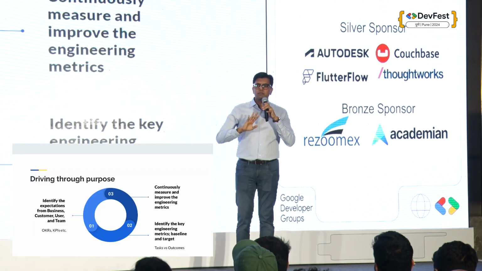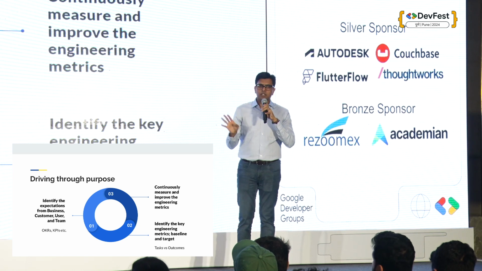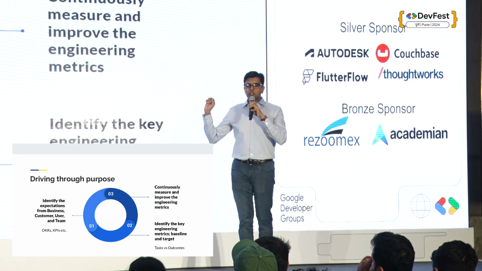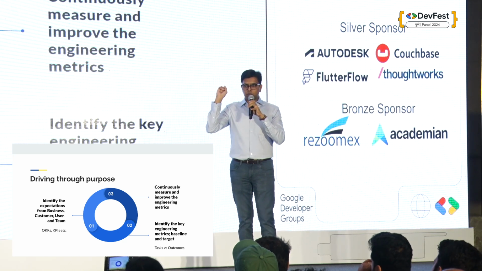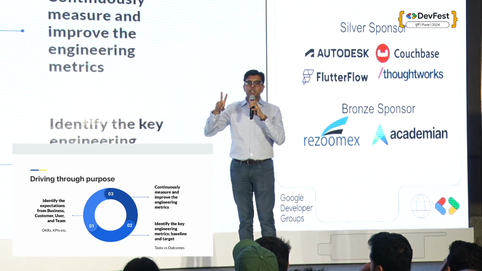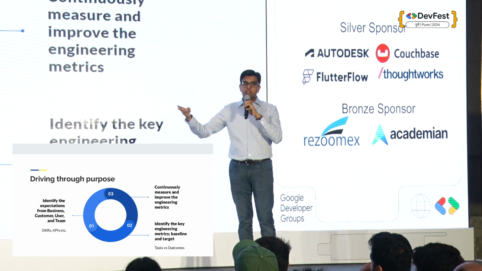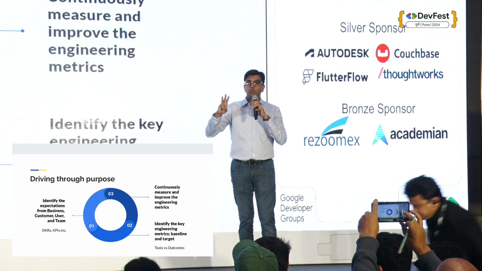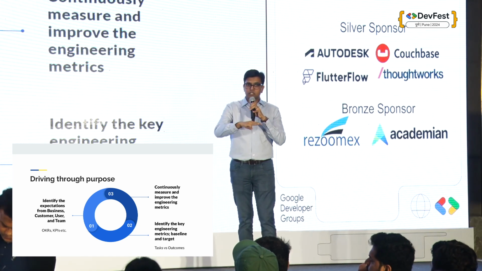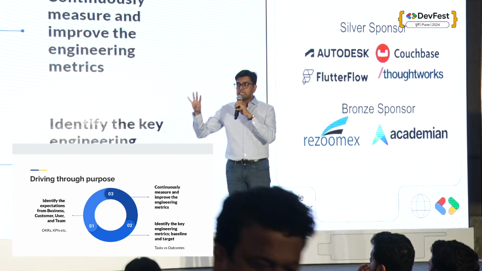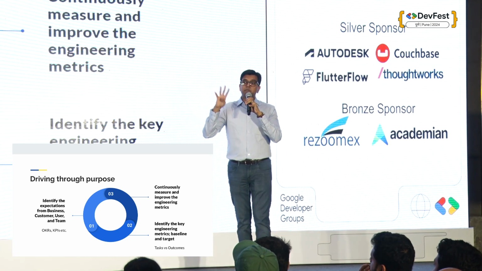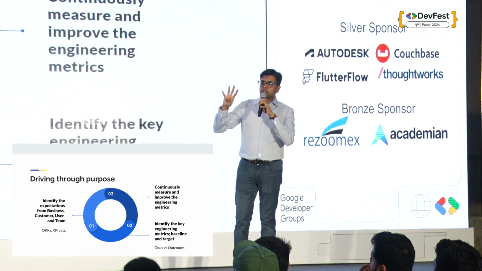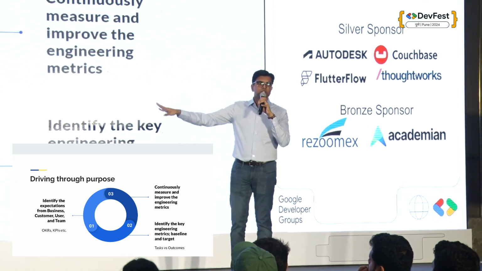Think about a very simple flow or a process, however you want to call it. You want to identify expectations from 4 different areas. You want to get it from the business, you want to get it from the customer who's actually paying you. You want to get the user who may not be paying you but is using your services or products. And finally, the team, which in most of the cases gets left out. And the expectations have to be something that gives some benefits to the business.